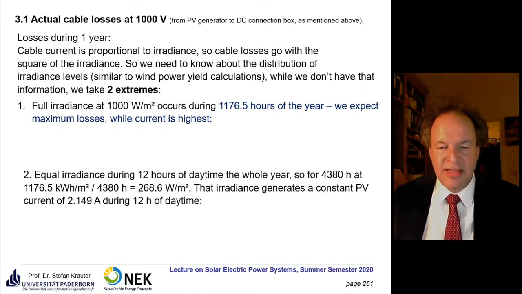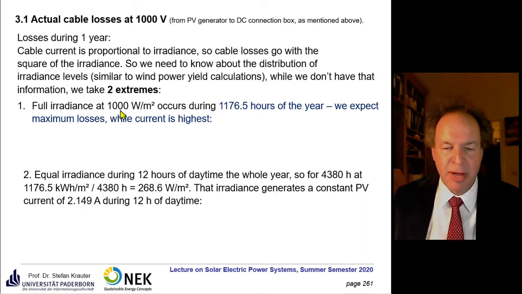So we calculate the losses during 1 year. A certain thing is not given, so we have to take into consideration two extremes, because the current is quite different at those two extremes. We have the full irradiance at 1000 watt per square meter.